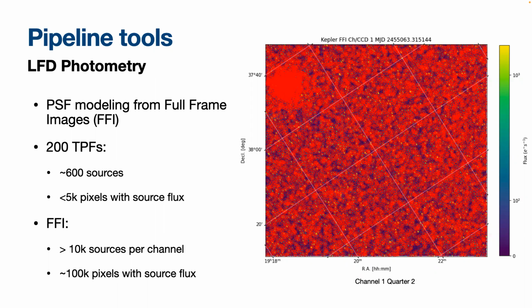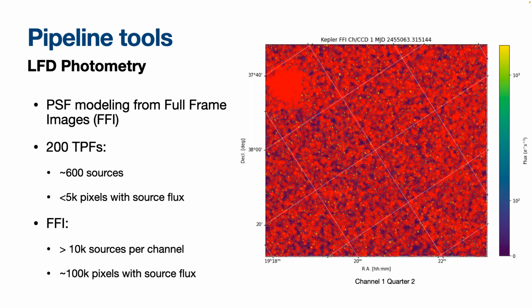On average, a full frame image from Kepler contains around 10,000 sources from Gaia brighter than magnitude 19. Using those 10,000 sources, there are around 100,000 pixels with flux information that are usable to create a PSF model.